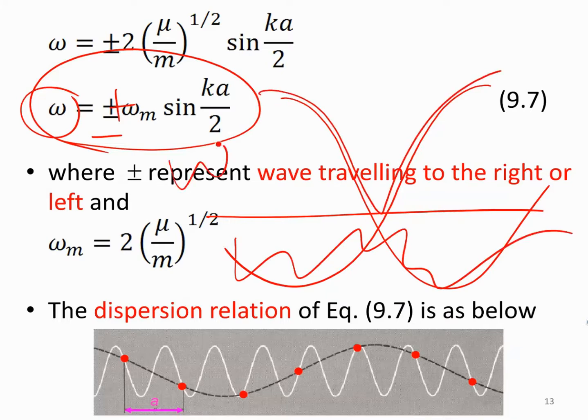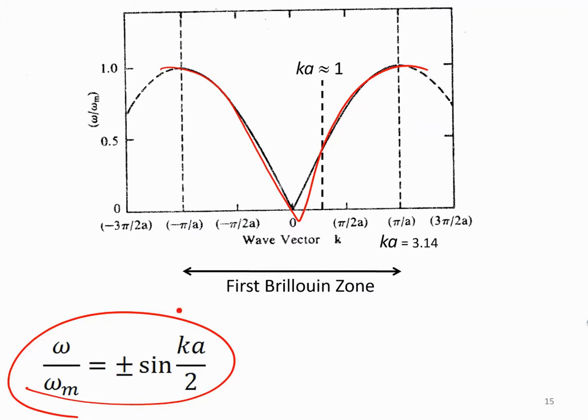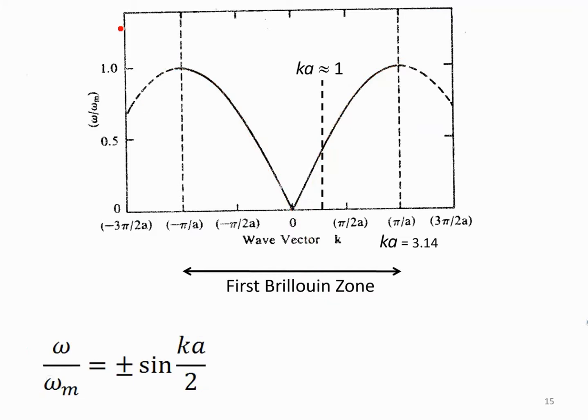So when we plot the graph, you get something like this. Why? Because from this equation we have a positive and negative sine wave, but in the real world there's no negative omega. So this is the graph that we obtain.